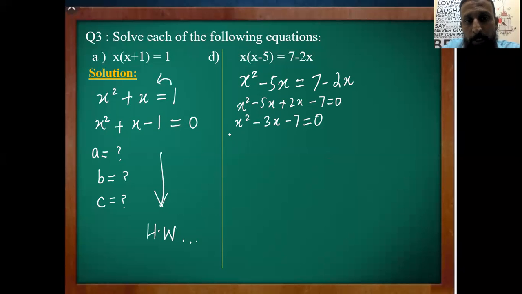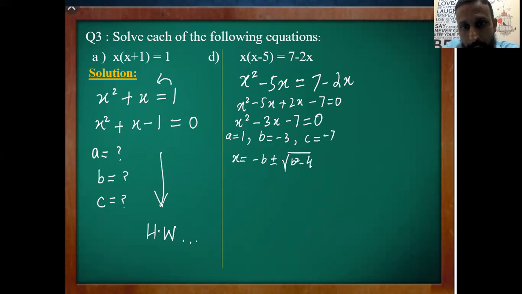So what is A? A is 1. What is B? B is negative 3 and C is negative 7. We are expected to use the quadratic formula. So the quadratic formula: x equals negative b plus minus under root b squared minus 4ac, whole upon 2a. So let's do it.